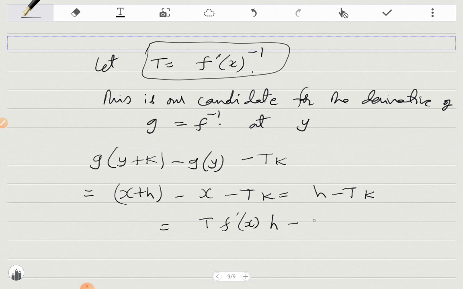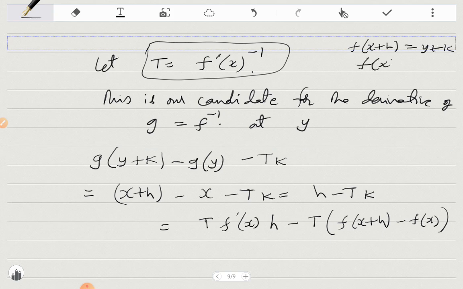And this second one I'll write as t of k. Well, what was k? k was f of x plus h minus f of x. Because what we had was f of x plus h equals y plus k, and f of x equals y.